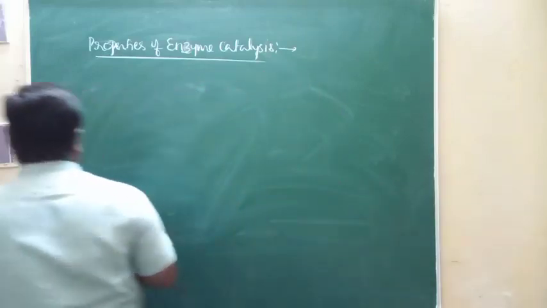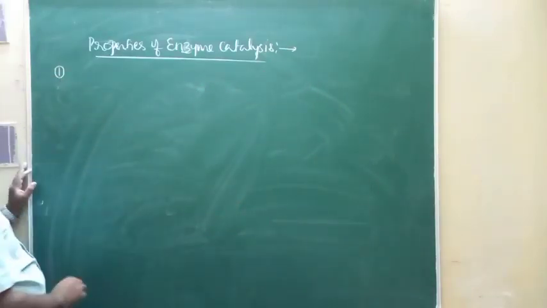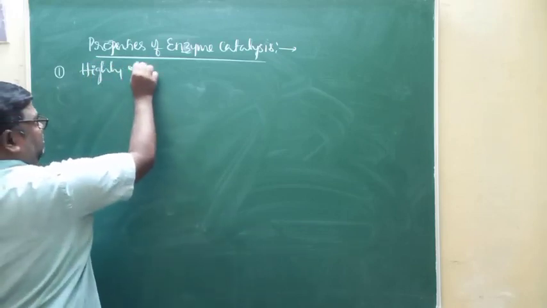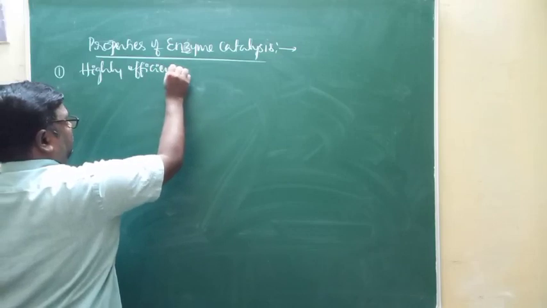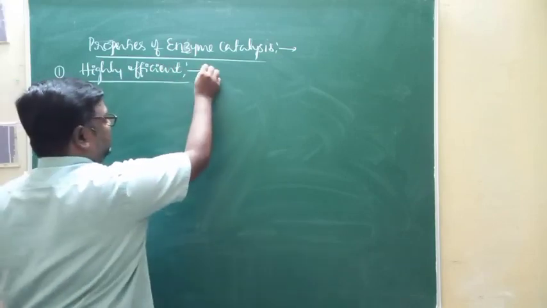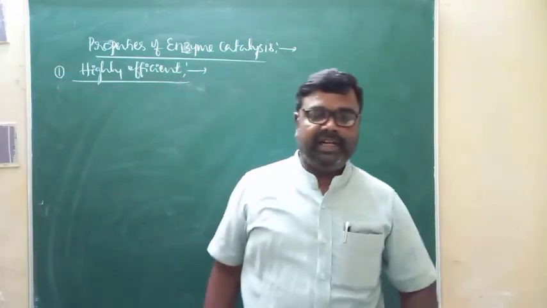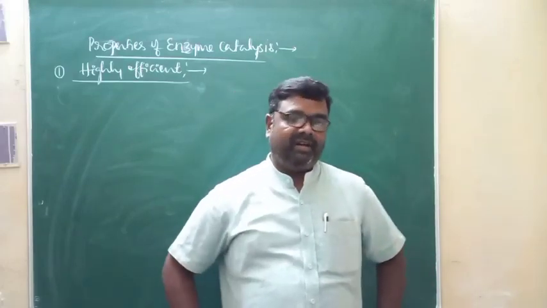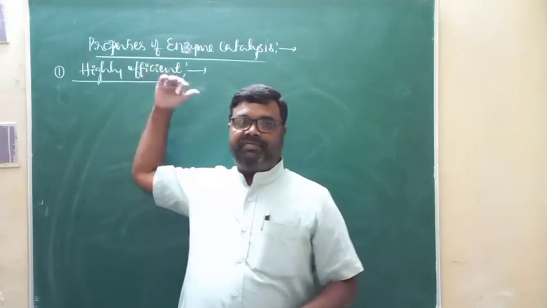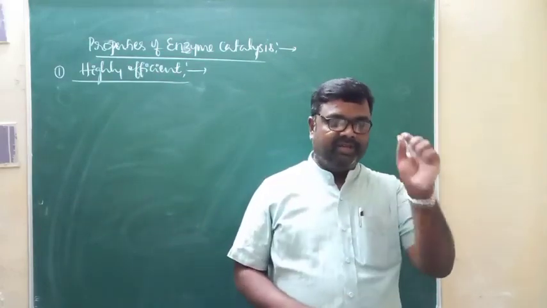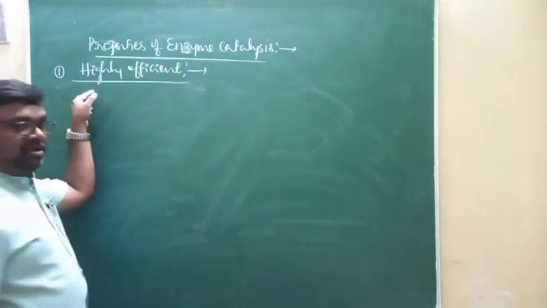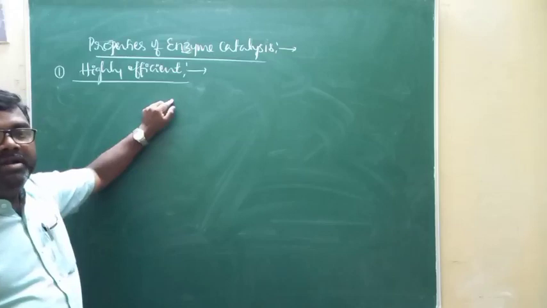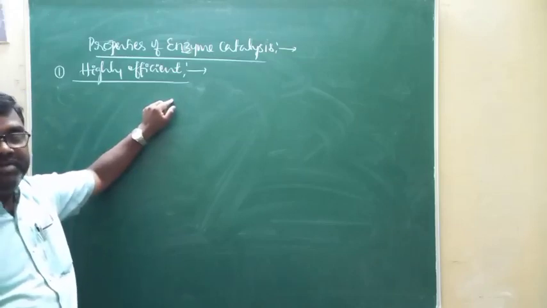The first property of enzyme catalysis is that enzymes are highly efficient in their action. That is, enzymes are highly efficient in increasing the rate of chemical reactions. To justify the efficiency of enzyme catalysis, I'll give an example: one molecule of enzyme can transform a million reacting molecules into products in 1 minute.